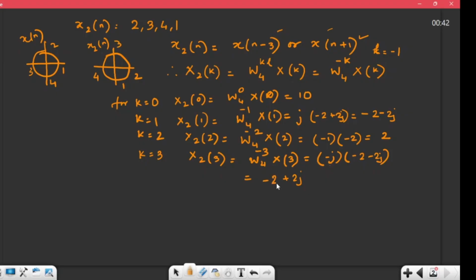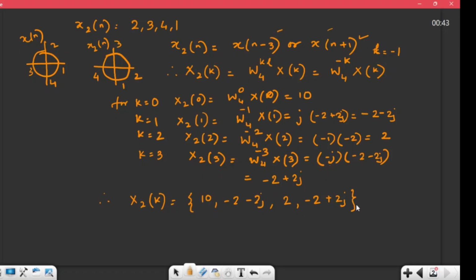So minus 2. Therefore, in sequence form, x2(k) is equal to 10, minus 2 minus 2j, plus 2, minus 2 plus 2j.